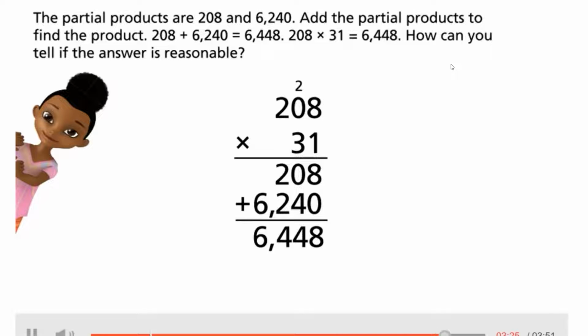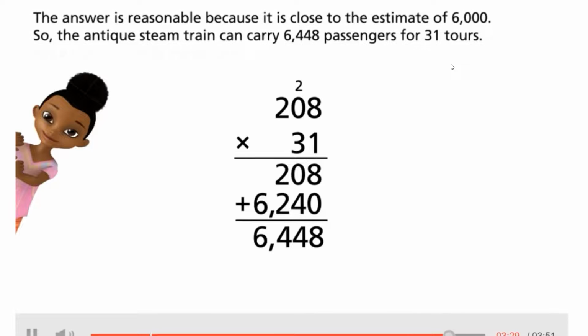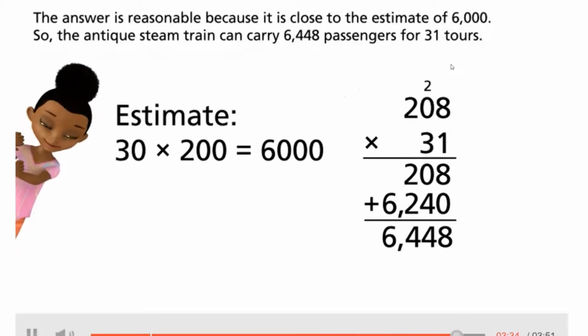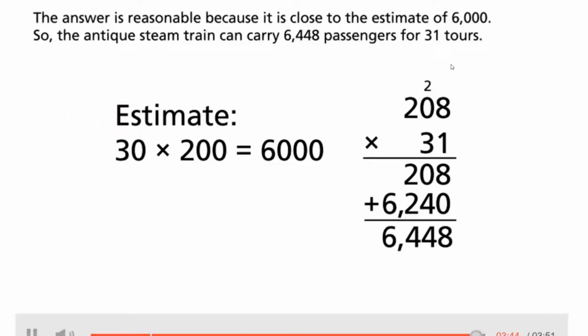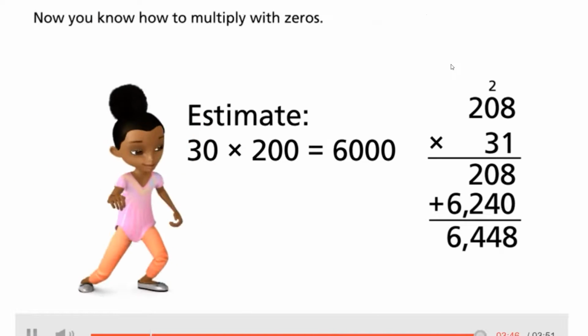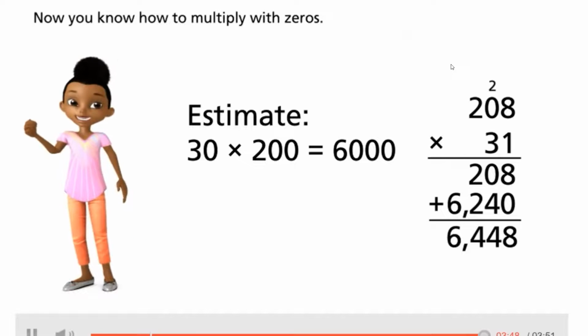How can you tell if the answer is reasonable? The answer is reasonable because it is close to the estimate of 6,000. So the antique steam train can carry 6,448 passengers for 31 tours. Now you know how to multiply with zeros.